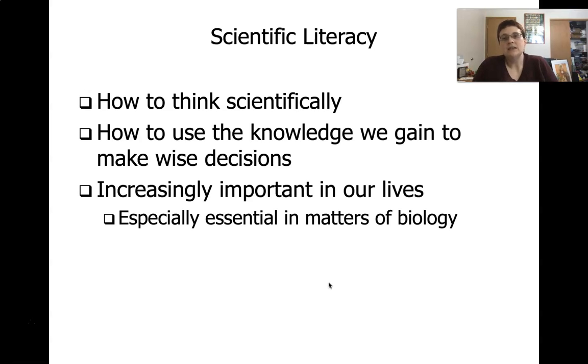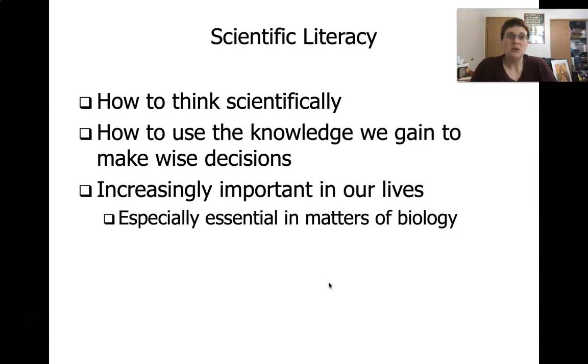The thing is that scientific literacy is becoming increasingly important in our lives today, especially related to biology, because there's lots of new technology coming out. We're going to talk in this course about things like GMOs, genetically modified organisms. There's a lot of new technology around a new genetic manipulation tool called CRISPR. That's going to be huge as far as technology goes.